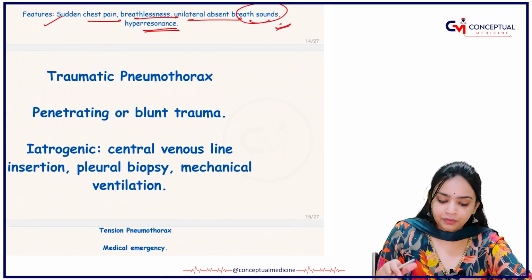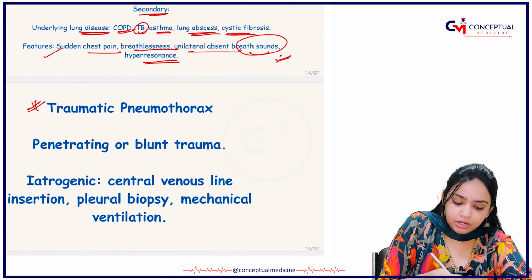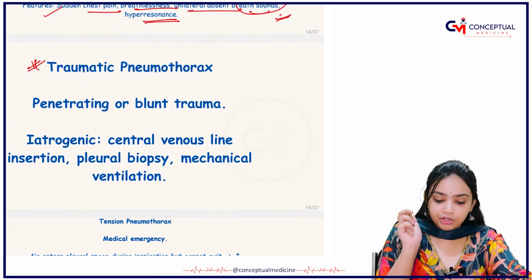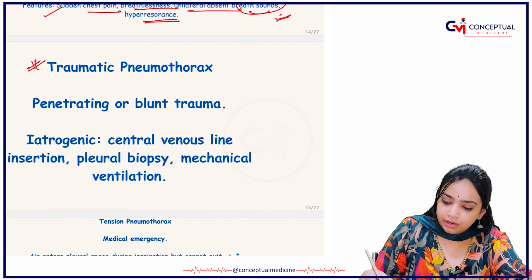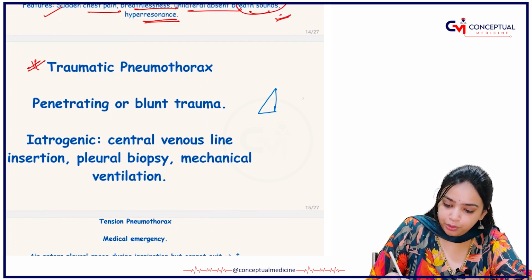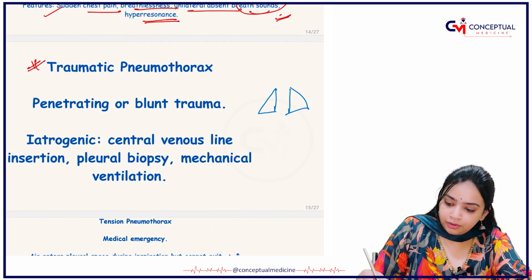percussion. Okay. Next that you have is the traumatic pneumothorax. What is traumatic pneumothorax? Like these are your two beautiful lungs. Then we have to draw the pleura again.